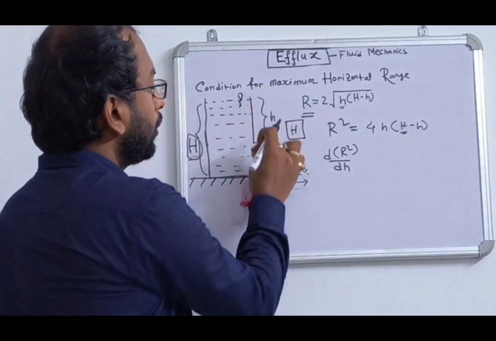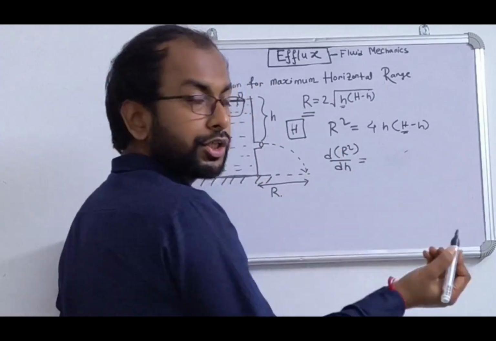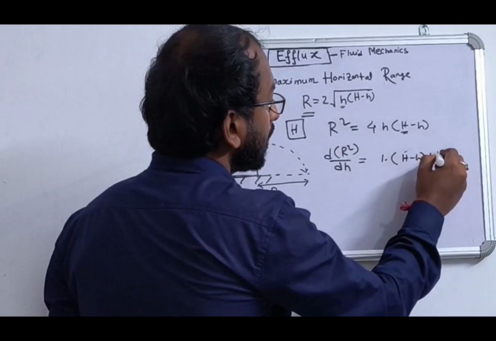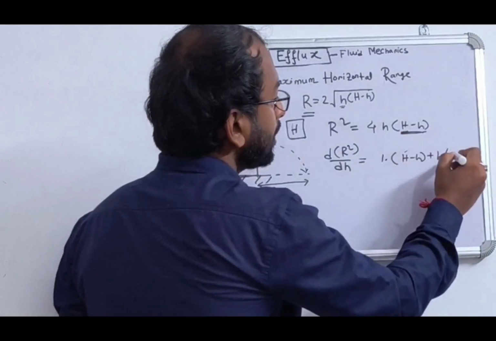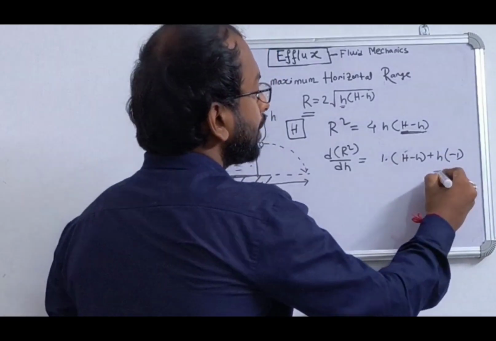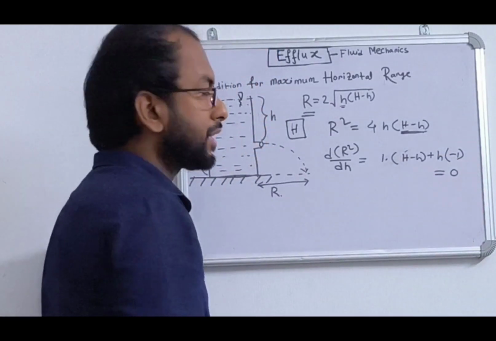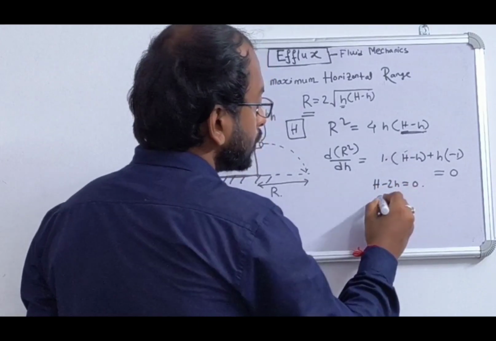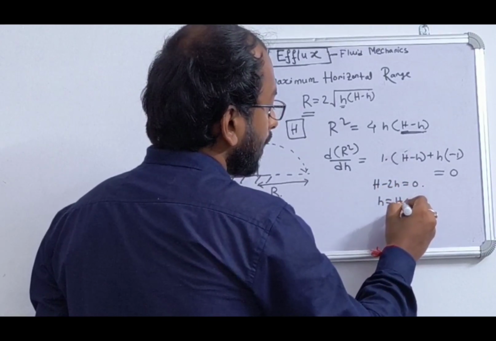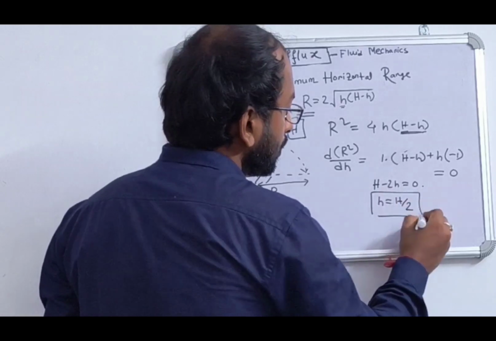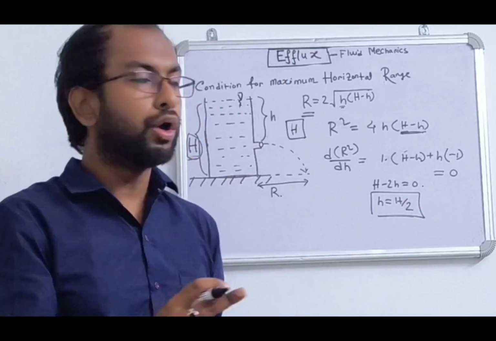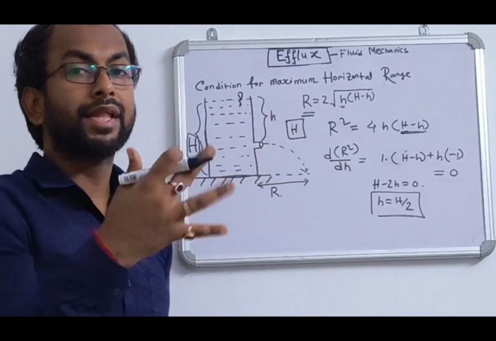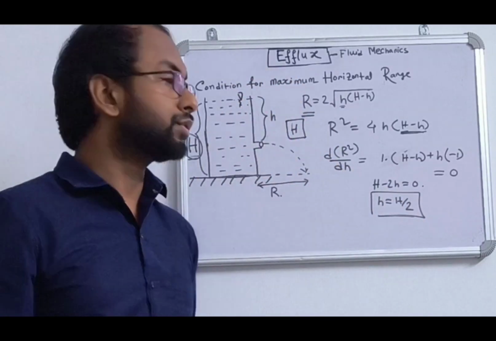So by the multiplication rule: 1 into (H minus h) plus h into the derivative of this term, that is minus 1, will be equal to 0, that is the condition for finding the maximum. So H minus 2h equals 0. So the value of h becomes capital H by 2. So I have to make the hole or orifice at half of the total height so that I get the maximum range of the liquid coming out.